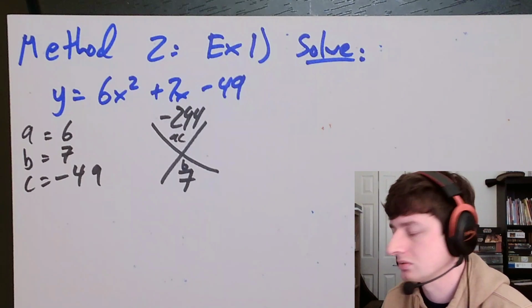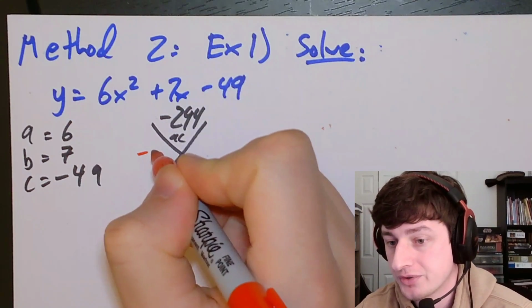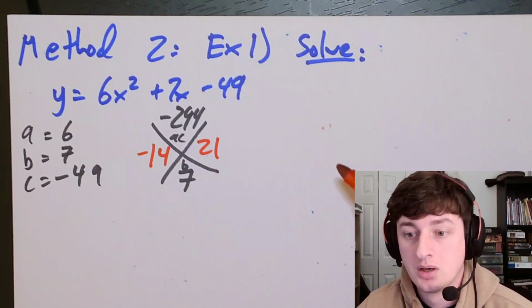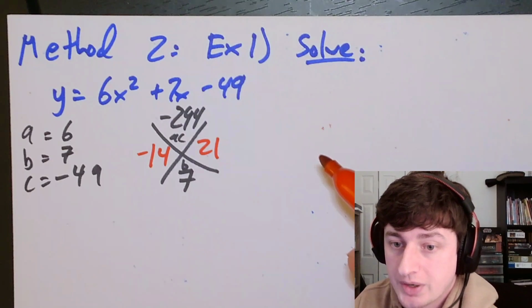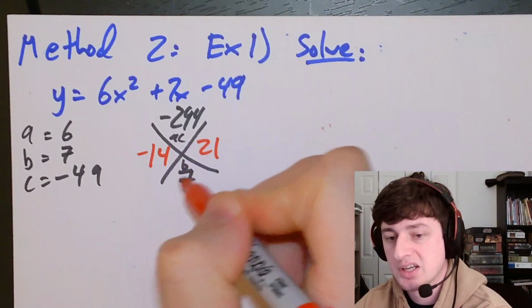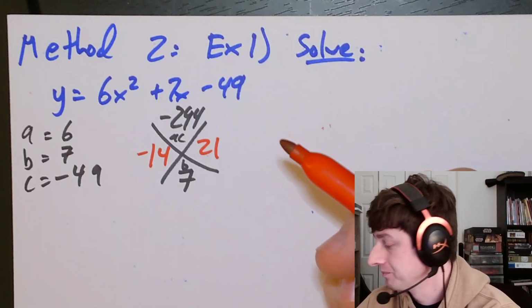Oh, no, it doesn't. It was 14. So 12 didn't work, 13 didn't work. It was 14 and 21. And I did not do that by hand or in my head. I had a calculator to figure that out. So when we add these two, we get 7. When we multiply them, we get 294.